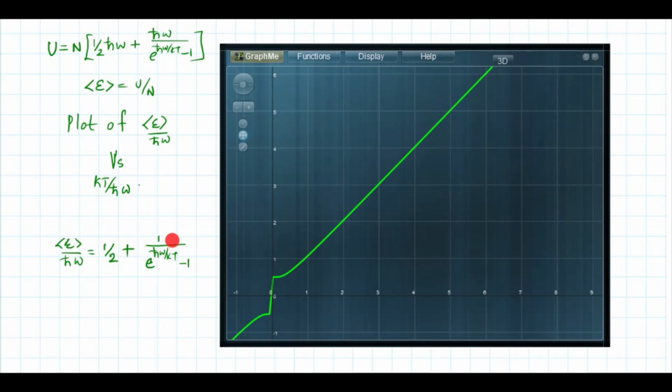If you plot this, you can see that when T is equal to 0, this becomes e raised to infinity. 1 by infinity is 0, so you will get half. Then it monotonically increases as temperature increases. This is the graph of quantum mechanical oscillator, or we can call it Schrodinger oscillator.